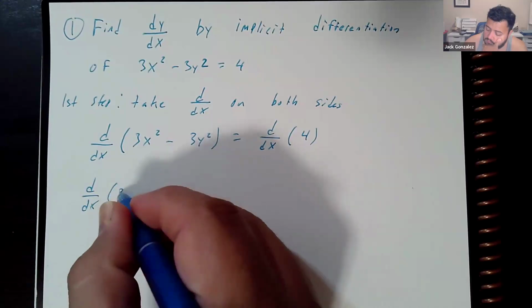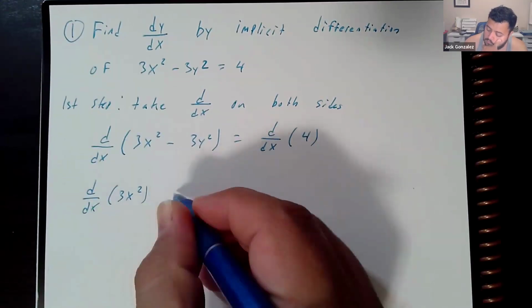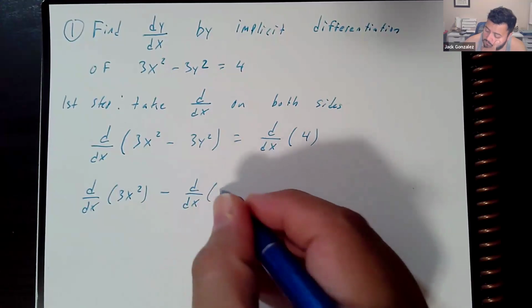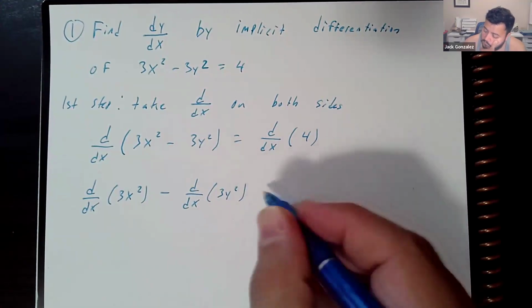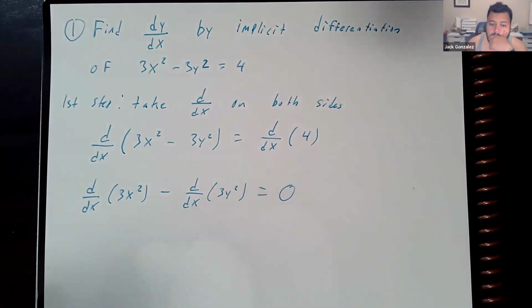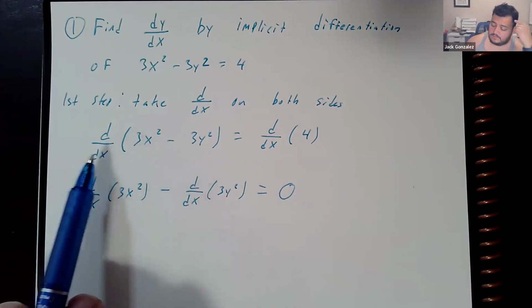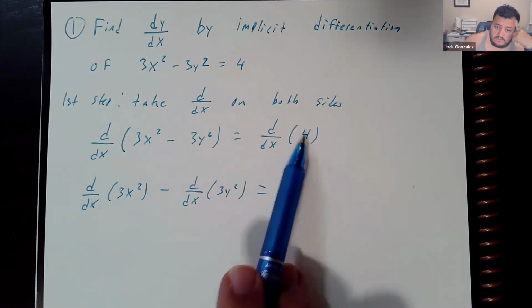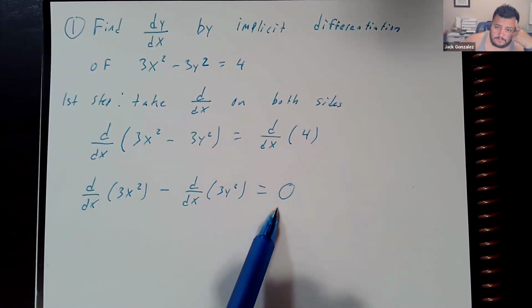Do each piece, show your steps. All I do is apply the d dx on each part. Derivative of a constant with respect to any variable will always be 0, doesn't matter.